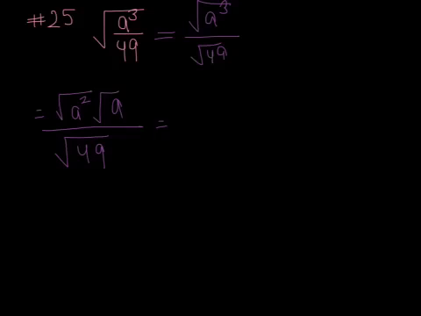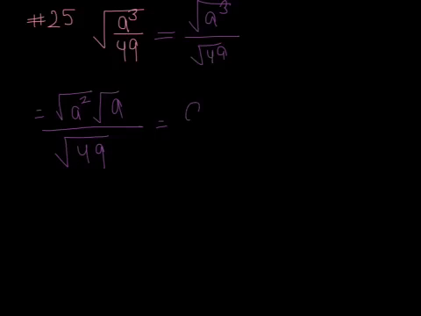So now, back to the numerator. We have the square root of a squared and the square root of a. Radical a squared is actually a perfect square, so we can get the square root of it. We get the square root of an exponent by dividing the exponent by 2. When we divide a squared by 2, we get a to the first.